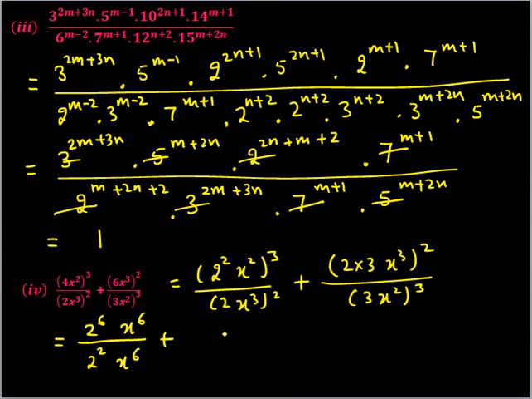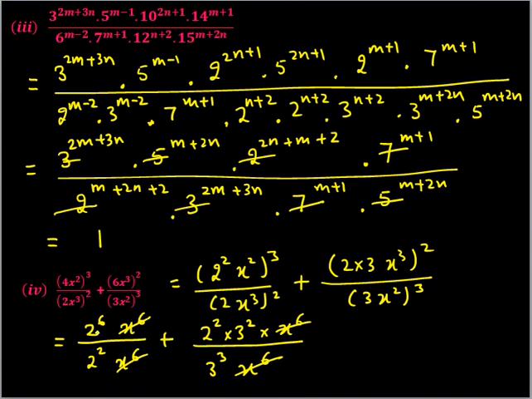In the later part we get square of 2 into square of 3 and x cube whole square, that means x to the power 6. In the denominator this will be cube of 3 and then x square whole cube, that means x to the power 6. So x to the power 6 everywhere is getting cancelled out.